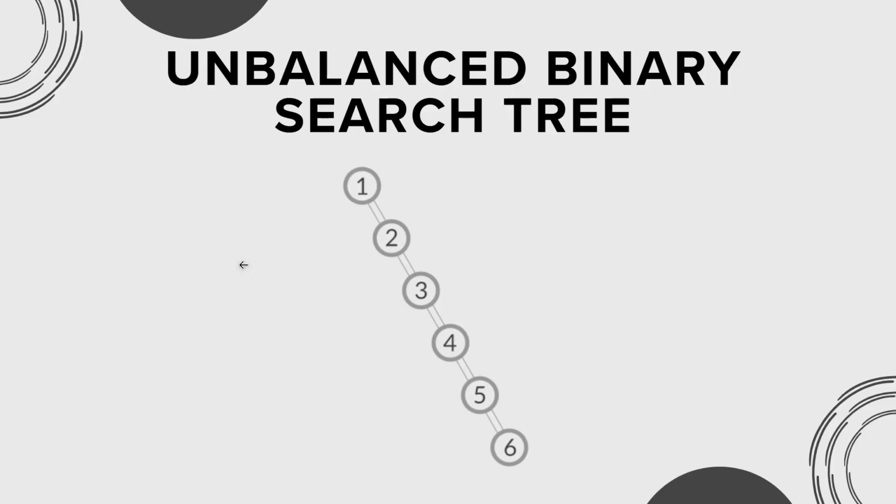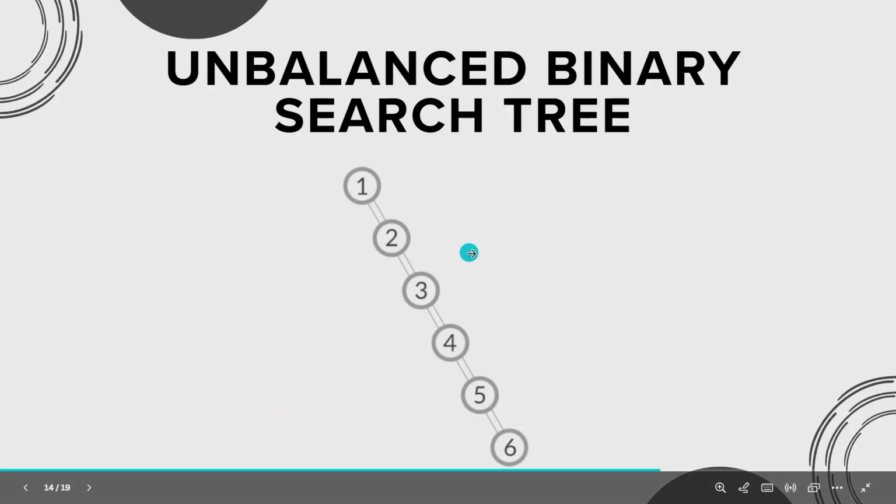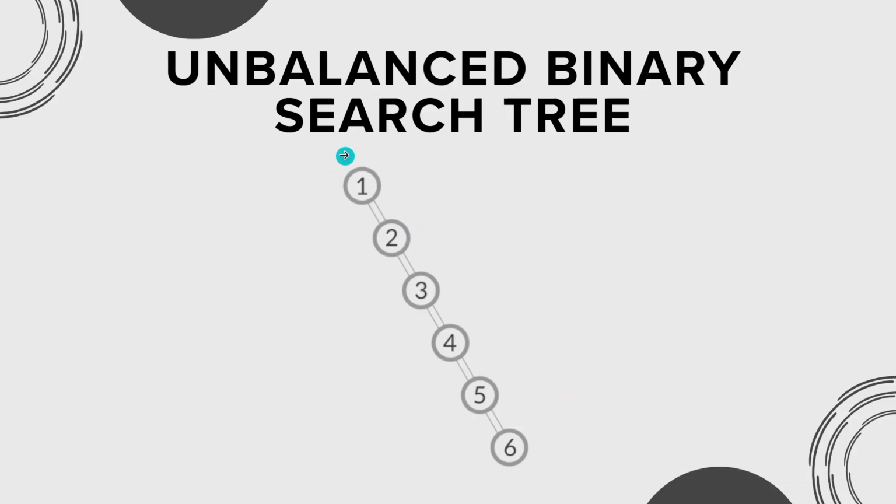So, unbalanced binary search tree. You can see that the values inserted are 1, 2, 3, 4, 5, 6. So how do we know that it is unbalanced? We compute the balance factor. The height of the left subtree is 0 and the height of the right subtree is 5. So if we calculate, the result is negative 5.